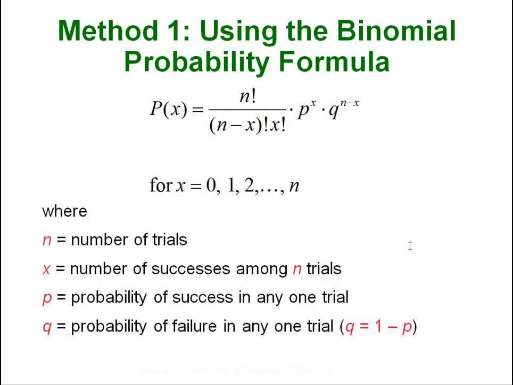So let's go back to the previous example of picking 5 people, and we want to know the probability that 3 of them know what Twitter is. So here are my 5 dashes: 1, 2, 3, 4, 5. And exactly 3 of them have to know what Twitter is. So let's let the first 3 people know what it is.